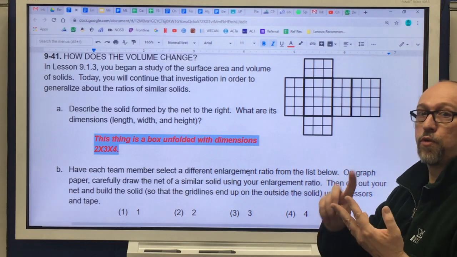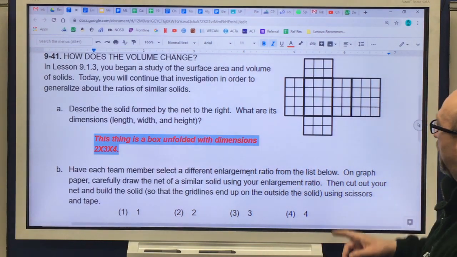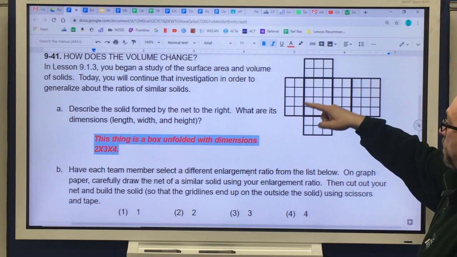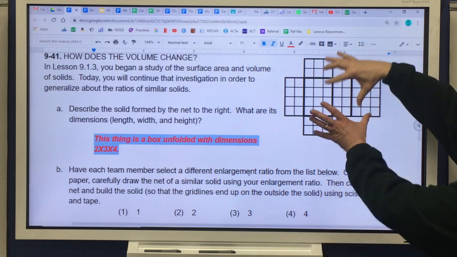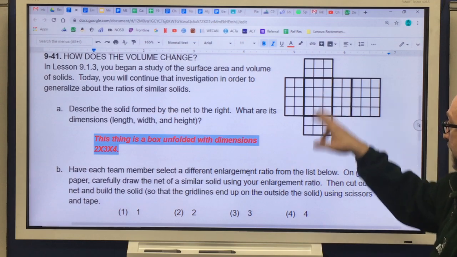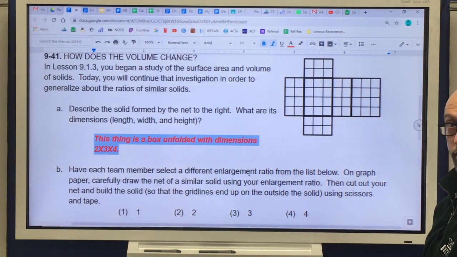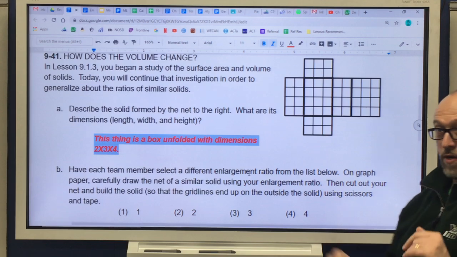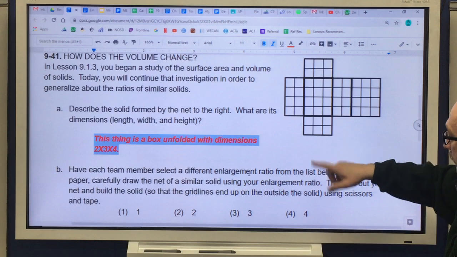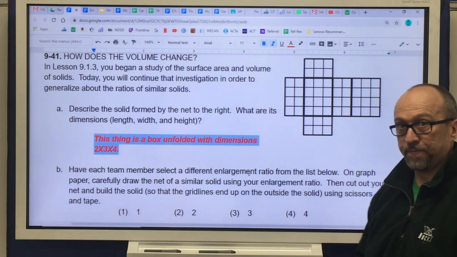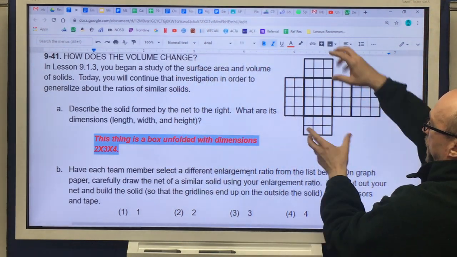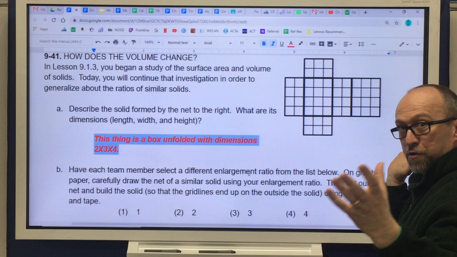So the length is doubled, the width is doubled, the height is doubled. So instead of being 2 by 3 by 4, it's going to be 4 by 6 by 8, and it gets bigger. Then another teammate would triple the dimensions, 6 by 9 by 12. And then the last teammate would need multiple sheets of graph paper, and theirs would be 8 by 12 by 16. Each of these gets that much bigger.